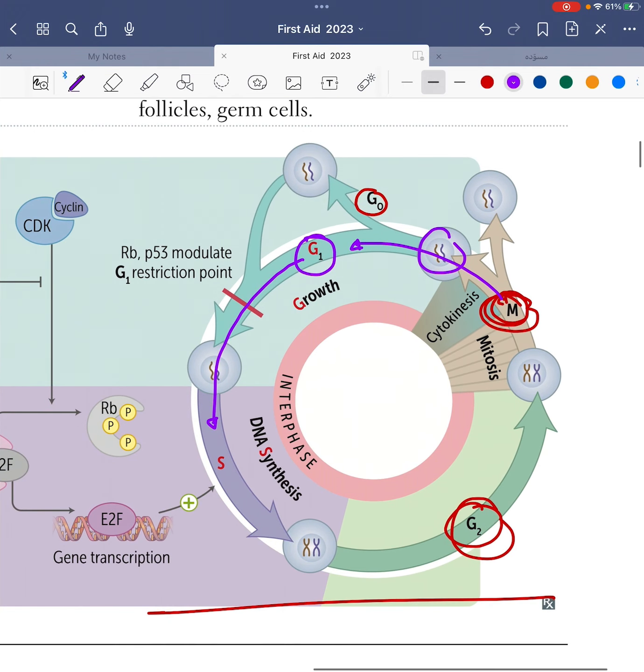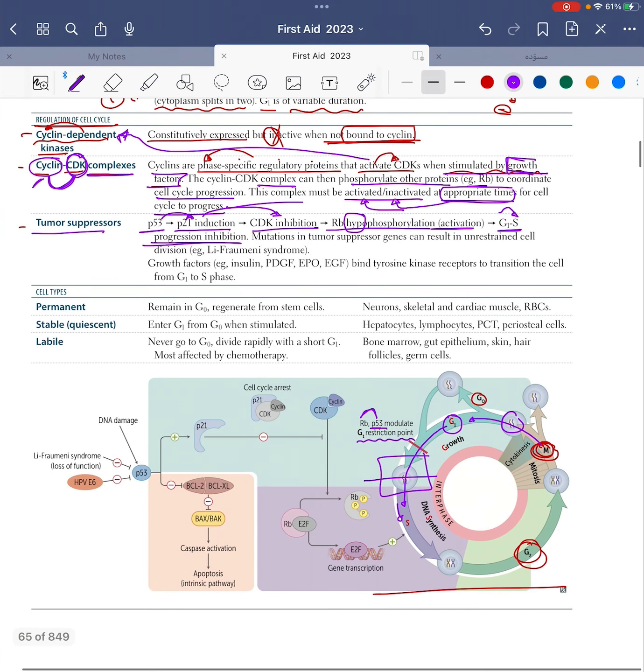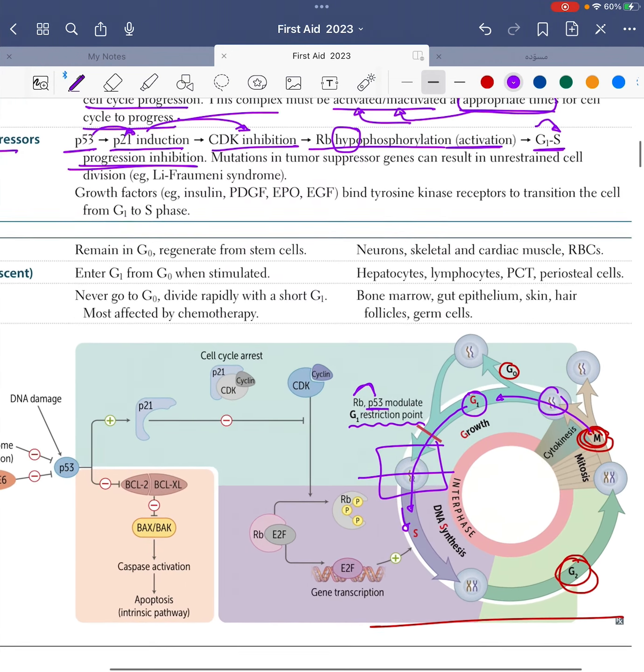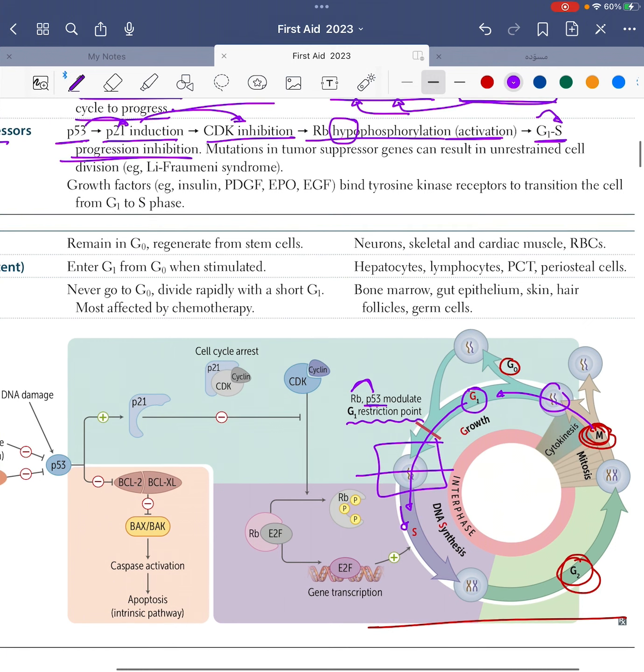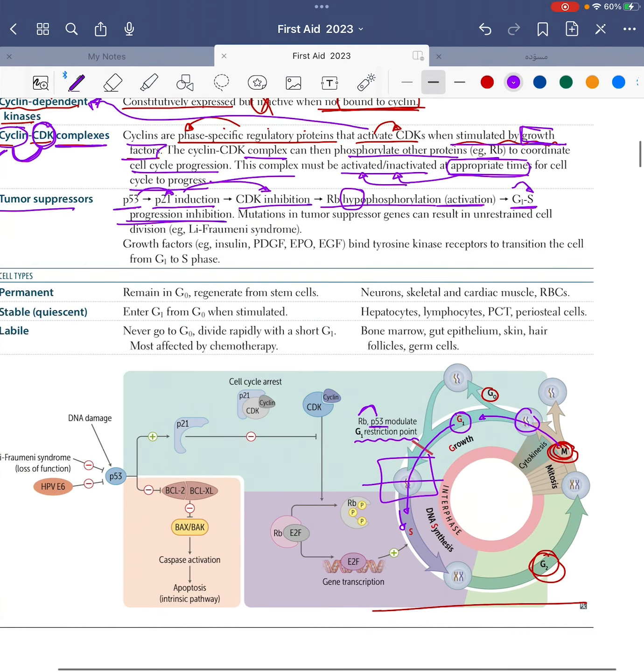But what happens if P53 modulates this area over here and it does not allow the cell to move to the S phase? So it's considered a G1 restriction point. Both of these actually, P53 and RB, are considered modulators of this point, causing a restriction over here.